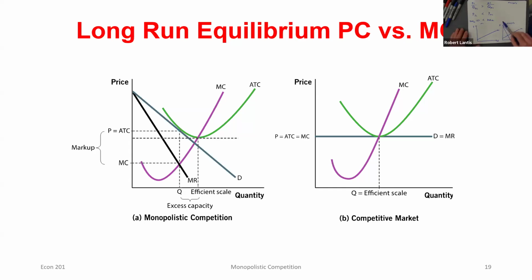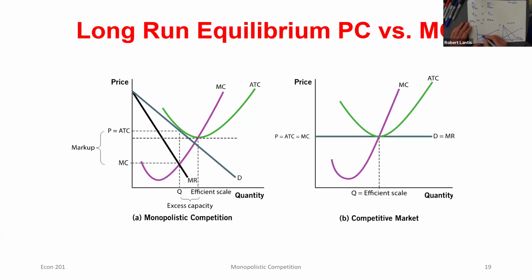So we know that the demand curve they face is going to be less than a monopolist. Monopolist faces the entire market demand. Monopolistically competitive firms have to split it, right? So we know their demand curve is going to be smaller, right? It's going to be kind of lower, a smaller portion. So if we think about the firm level, so this is kind of thinking about the firm, their demand curve is going to be lower.